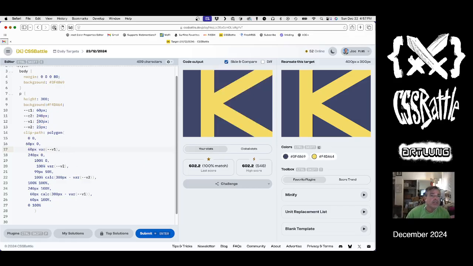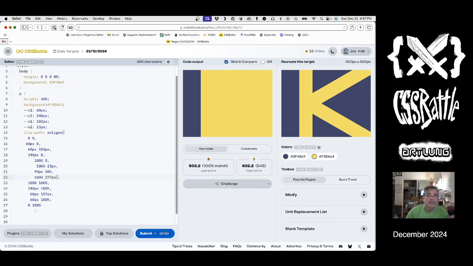Yes, V1 is 103 pixels. 300 minus 103 is 197. Yeah, 197 pixels. Okay. And then V2 is 23 pixels. And 300 minus 23 is 277. And somewhere in here we have broken ourselves with the parentheses.